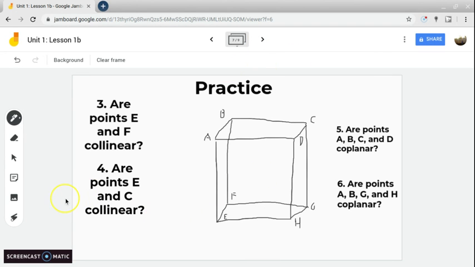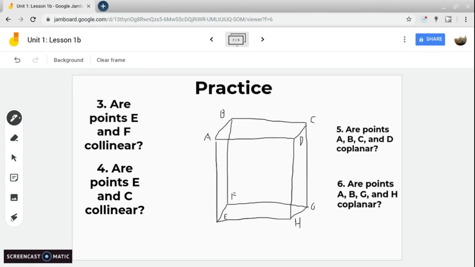Alright, here's 4 through 6, or 3 through 6. I will say them, and then you can pause the video, and then I'll go over them like last time. This time it's about planes. We have these planes right here that make up this cube or prism. Number 3: are points E and F collinear? Number 4: are points E and C collinear?